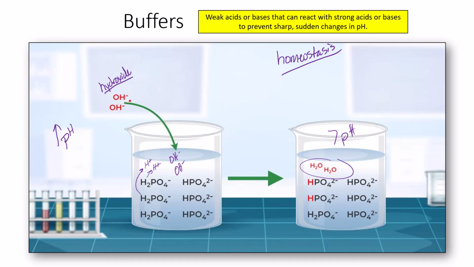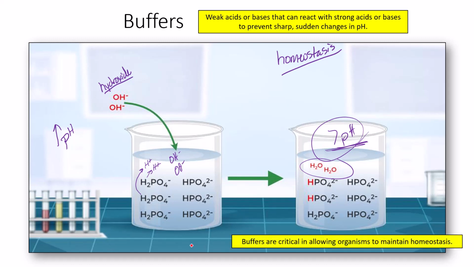But because a solution is increasing our OH negative concentration, it should be increasing our pH, but it is not, because the buffer that's in place is causing neutrality as those hydroxide ions are added, and therefore withstanding the change in pH. And because there's a lot of these hydrogen ions in place, they can withstand a lot of this hydroxide, but they can't withstand it forever.